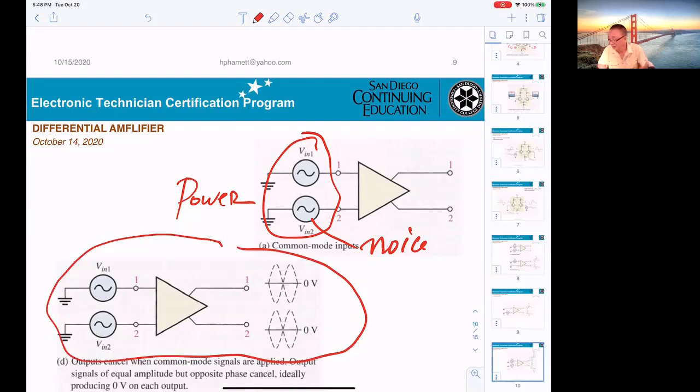what is the output supposed to be? If you look at the output, can you tell me what the output is supposed to be? Mr. Smith, can you tell me?